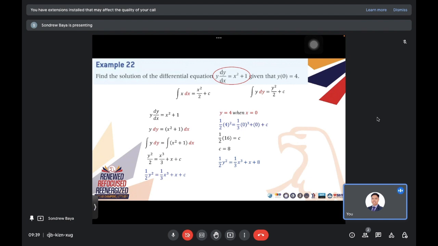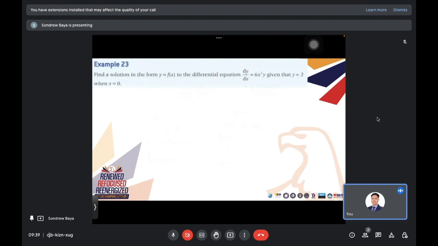Let's have another example. Let's say this is the one that we are going to do. Pause and try to study first. Okay, so again, we just do algebraic manipulation. We can cross multiply dx to the other side, but then we have a y here, so we have to divide both sides by y so that we can have this particular expression.